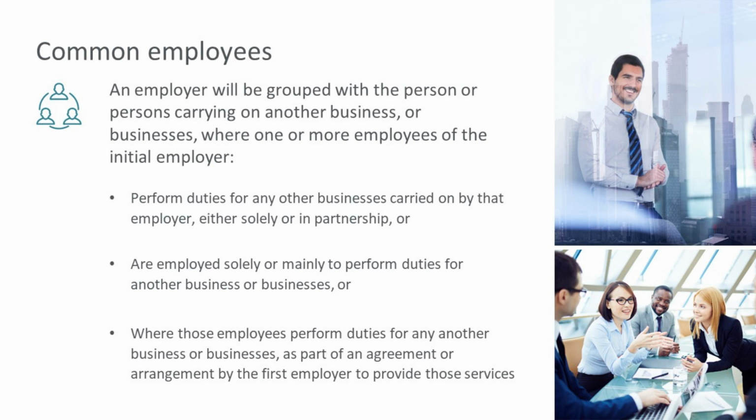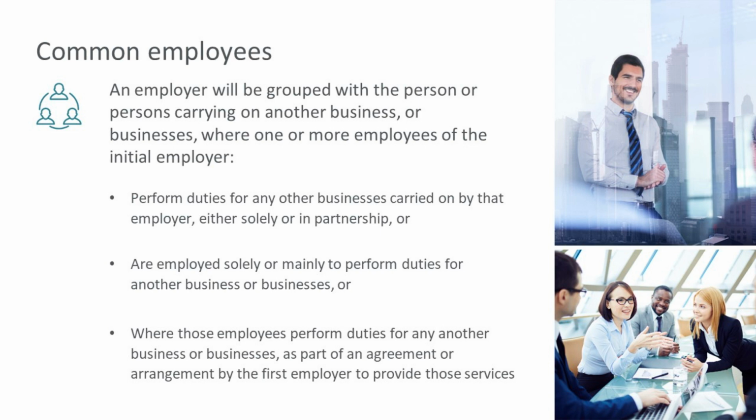An employer will be grouped with the person or persons carrying on another business or businesses where one or more employees of the initial employer perform duties for any other businesses carried on by that employer, either solely or in partnership, or are employed solely or mainly to perform duties for another business or businesses, or where those employees perform duties for any other business or businesses as part of an agreement or arrangement by the first employer to provide those services.